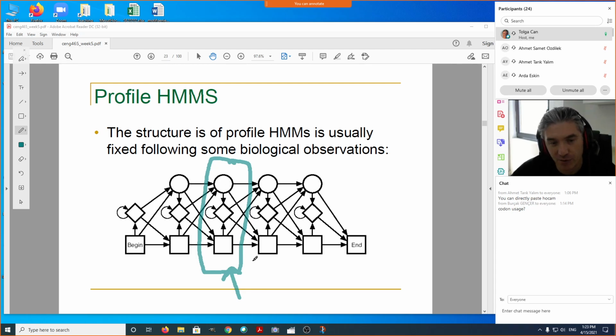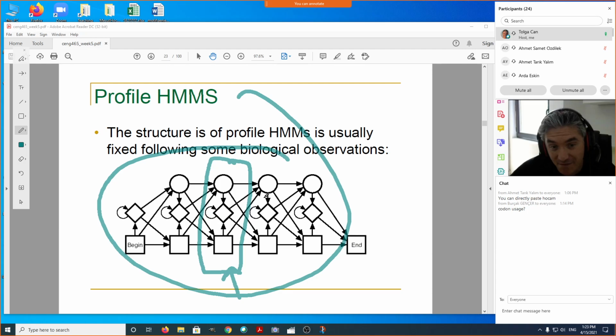a multiple sequence alignment. If we have 4 conserved columns in a multiple sequence alignment, this is exactly the Markov model we use. But if we have, for example, 10 conserved columns, what are we going to do? We are going to copy this block over and over again in between these two, and it's going to be longer, but the template is going to be preserved.